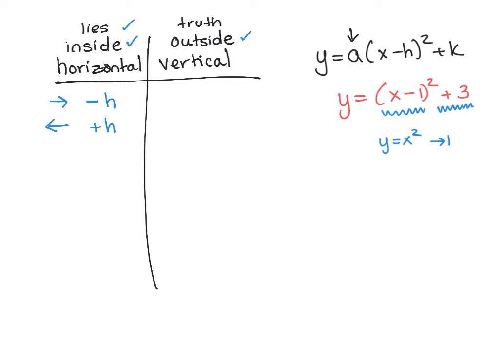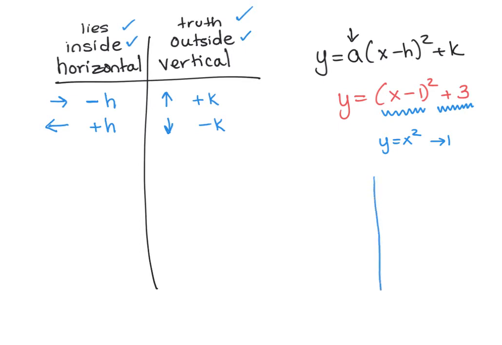And in this case, with addition or subtraction, I can either make the function move up or I can make it move down. The vertical changes don't lie to you. They do what they say they're going to do. So if you see plus a number, that makes the equation move up. And if you see minus a number, that makes the equation move down. They always tell you the truth, okay?